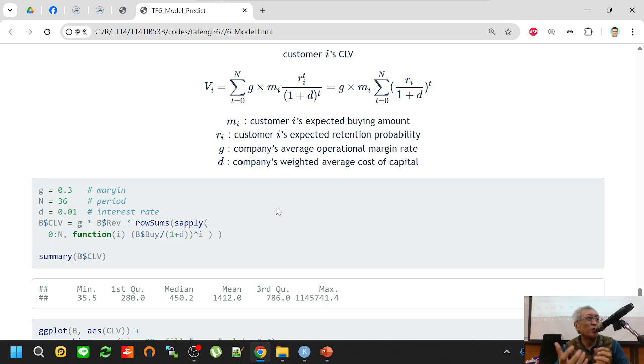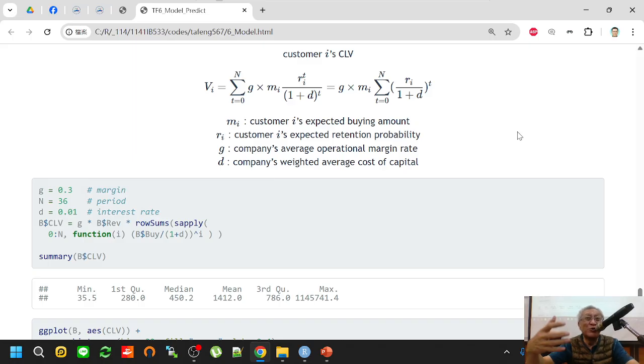Because most B to C companies usually have customer transaction records, and out of those records, you can simply reuse this notebook to build the predictive model and do the prediction for them, okay?